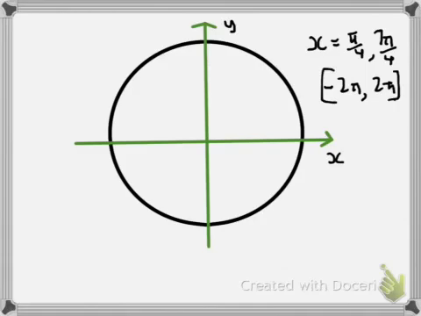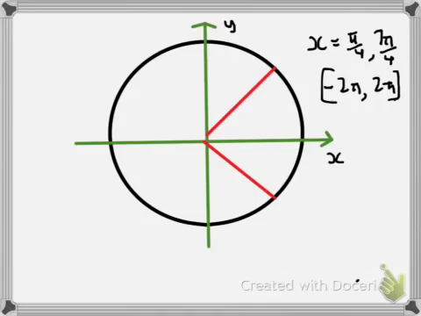Well, what I'm going to do is mark on my circle here the solutions we've got so far. So we've got 45 degrees, which is pi on 4. Okay, so we'll put that about there. And also we've got 7 pi on 4, which is around here. So there are our two answers so far.